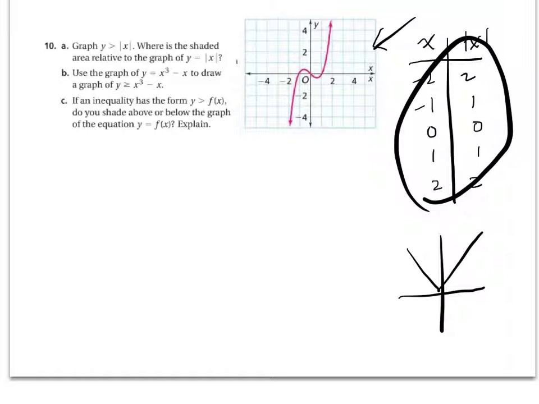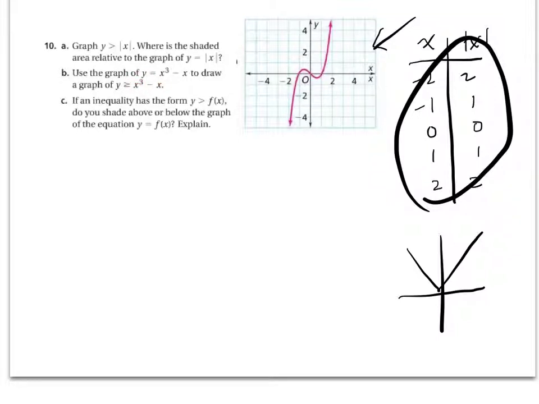Part B, use the graph of y equals x to the third minus x to draw a graph of y is greater than or equal to x to the third minus x. Obviously, y would be greater than that line, so that's going to be this half of it. You see this line, and if you take the bigger part of it, then y is always greater than the line.